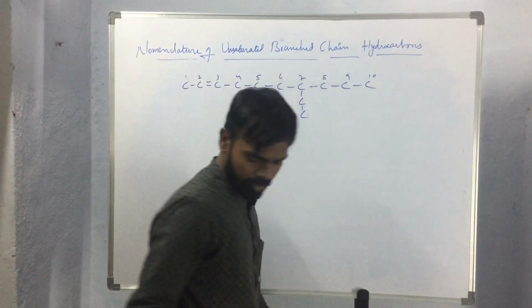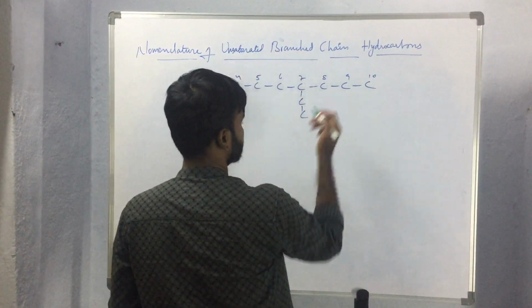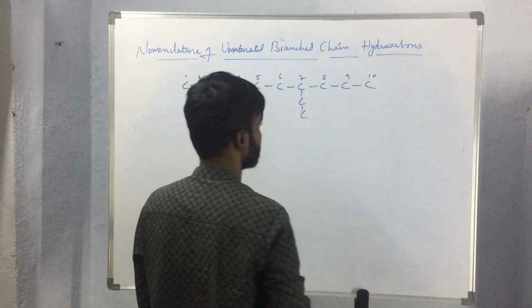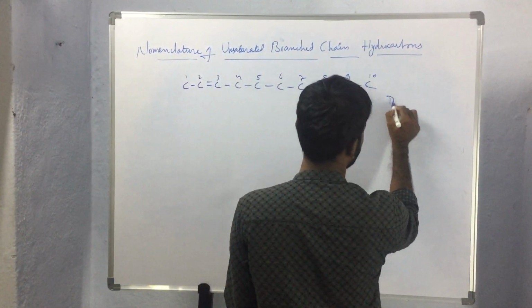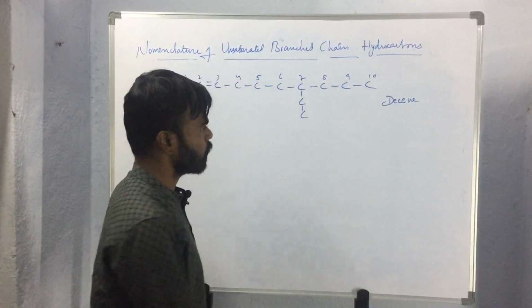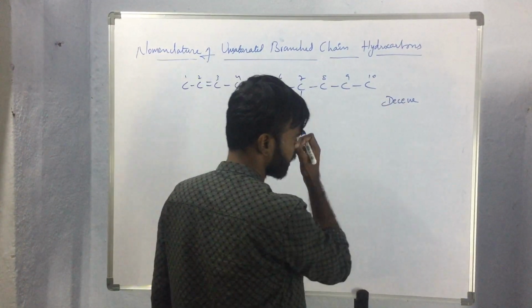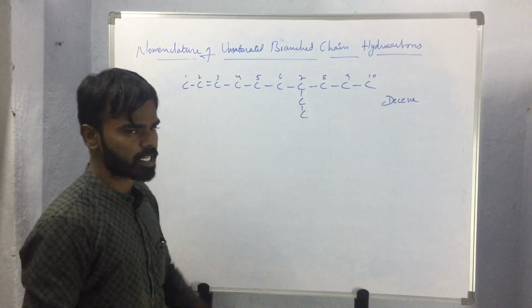So here the parent chain has been selected, that is the chain with 10 carbon atoms, and as it has an unsaturation and that unsaturation is a double bond, the name of the compound will be decene. The prefix dec is used to represent 10 carbon atoms, and the suffix "ene" is used to represent the presence of a double bond.